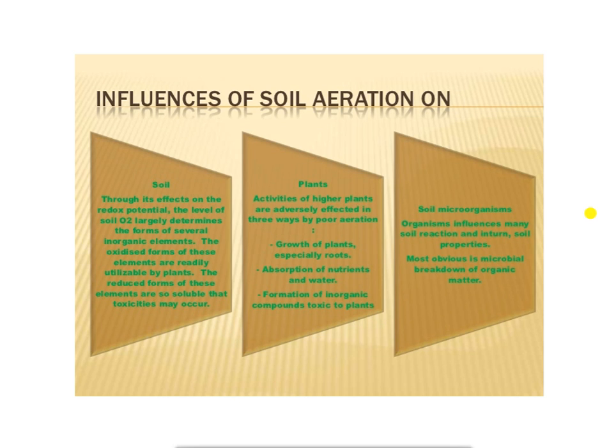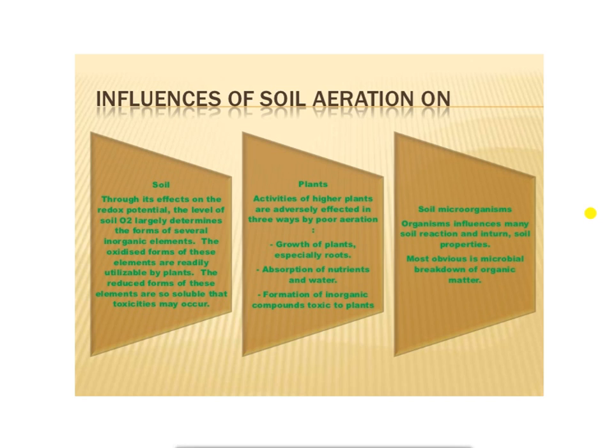Okay, the factors which influence soil aeration affect the redox potential and the levels of oxygen, which largely determine the forms of several inorganic nutrients or elements which get oxidized. These elements are readily utilized by plants.